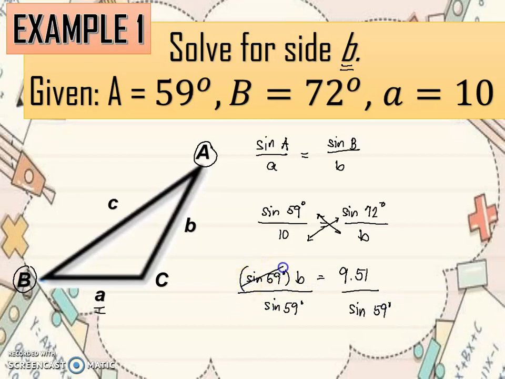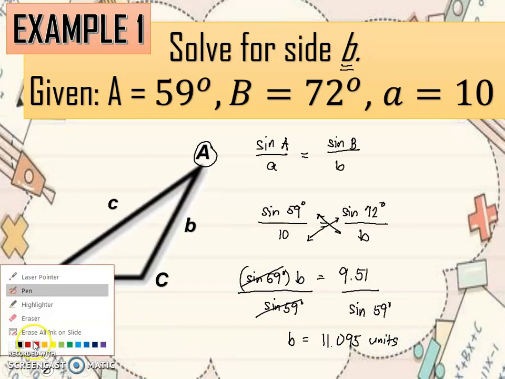So cancel out sine 59 on this side, so the only thing that remains here, class, is your B. So 9.51 divided by sine 59 degrees, then the answer is 11.095 units. And I want you to box your final answer.